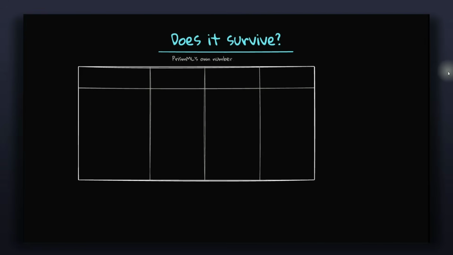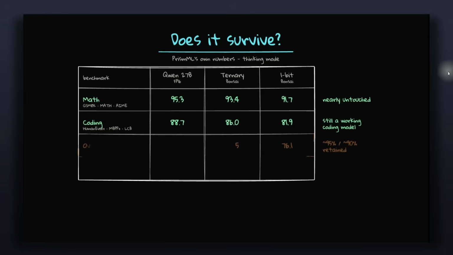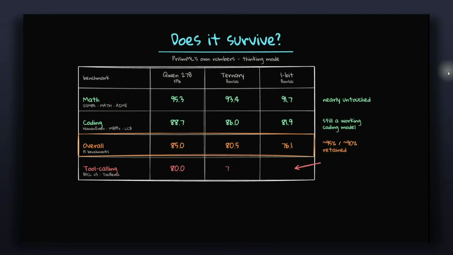So with all this quantization, does the intelligence actually survive? Here are the benchmarks from Prism ML compared to the original Qwen 27B. If you look at it, depending on the task, it actually preserves the performance really nicely.